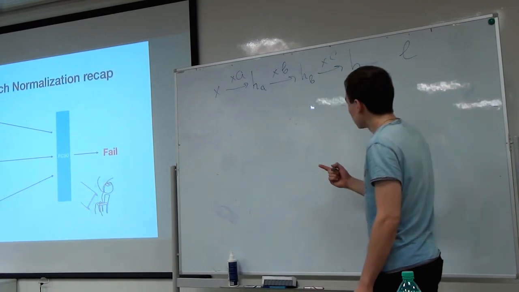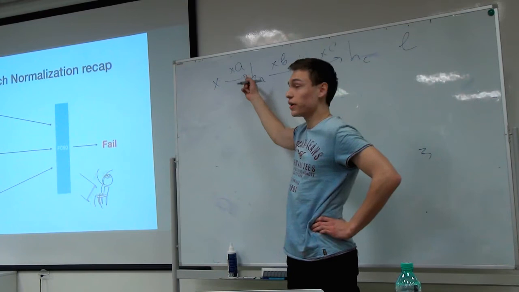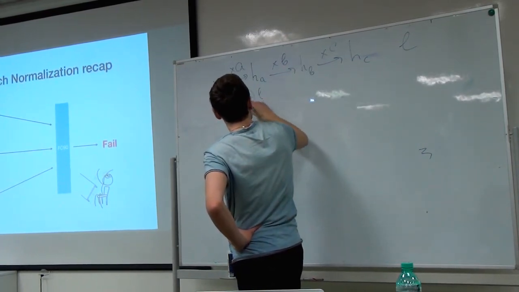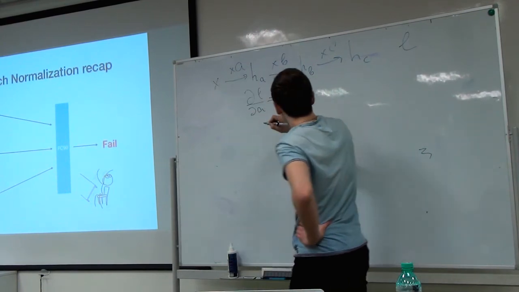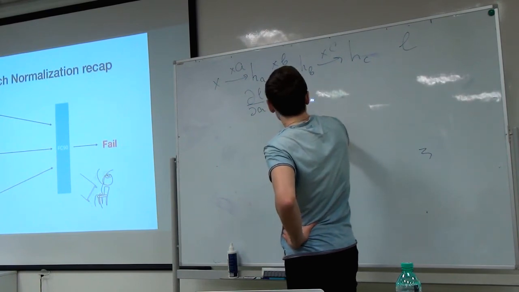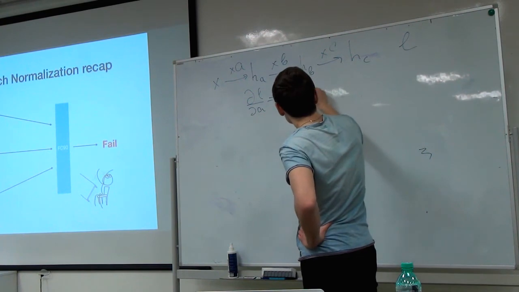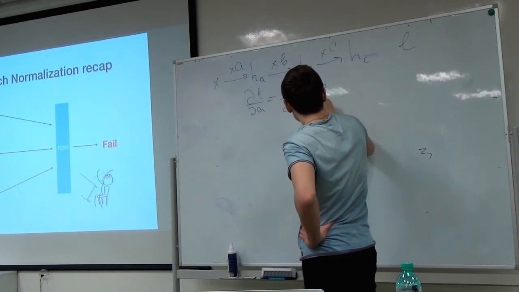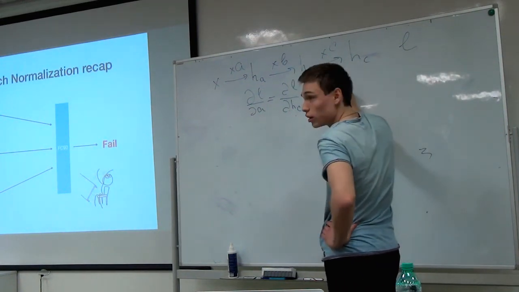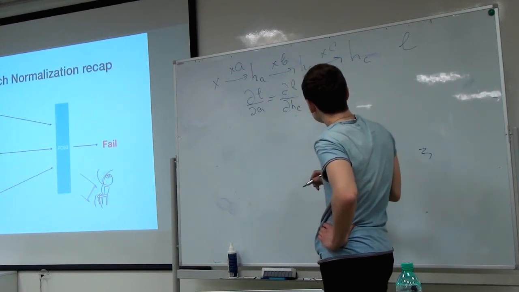And let's take the derivative of our loss function with respect to parameter a. It looks as follows: dL/dh_c times dh_c/da, where dh_c is taken with respect to h_b, and h_b with respect to h_a, and h_a with respect to a.